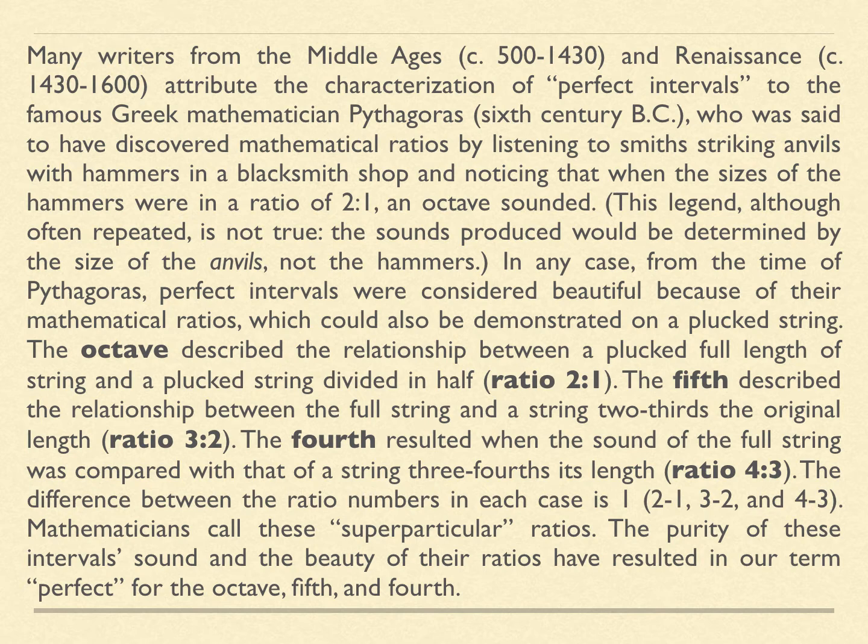And if one anvil was twice the size of another, then the ratio was said to be 2 to 1, and therefore the bigger anvil had a sound one octave lower. And the size of the hammer, as in the legend, has really nothing to do with it.